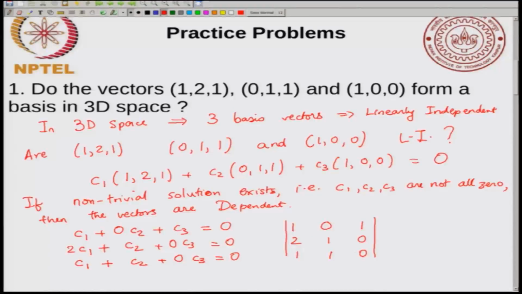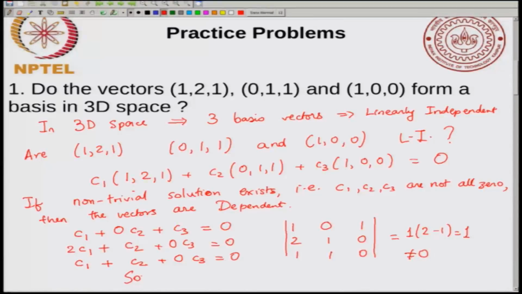This determinant is just equal to 1 times (2 minus 1), which equals 1, not equal to 0.